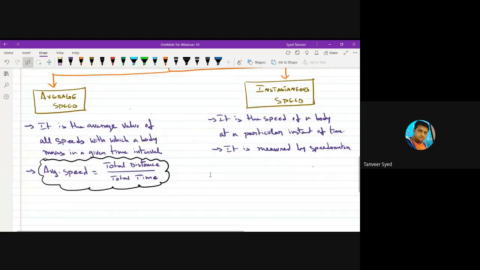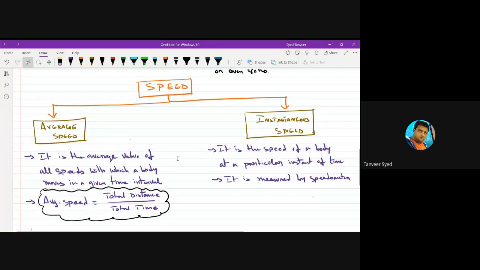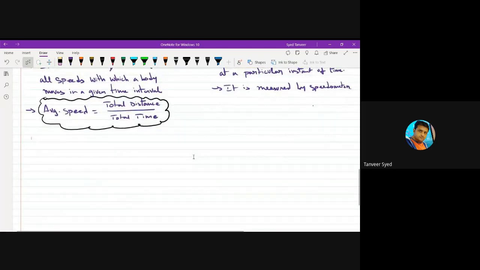Now, let us see how we calculate this average speed in different situations. This is important. I'll take one simple example. Let us say a car covers 100 meters in 20 seconds.